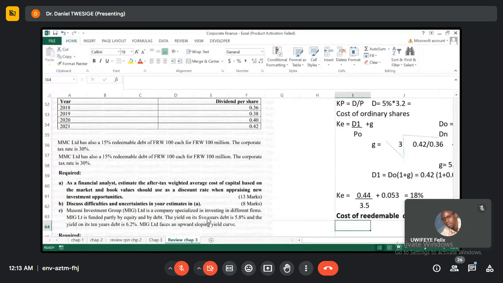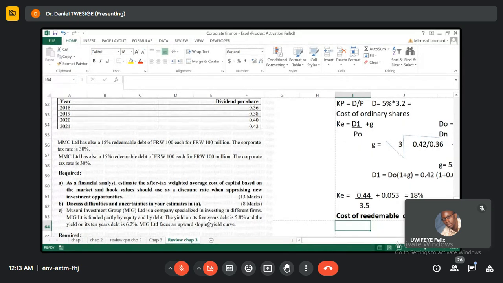The question is incomplete. For me, what I would say, because we are not given the period the debt is going to be redeemed, we are going to assume as if the debt is not redeemable. So if we assume that the debt is not redeemable, how are you going to calculate the cost? We are going to use the book values to calculate the cost, because we don't have the market value.